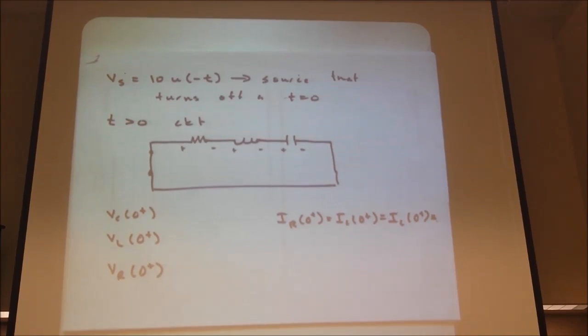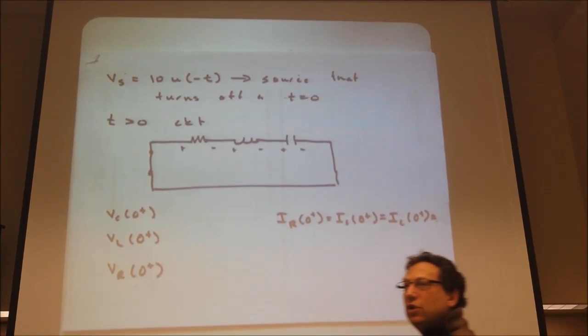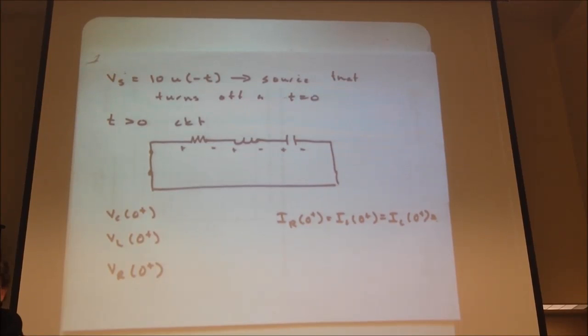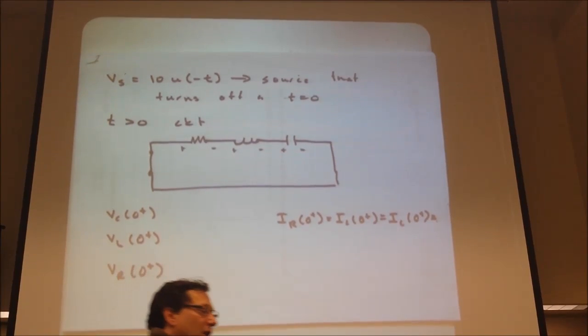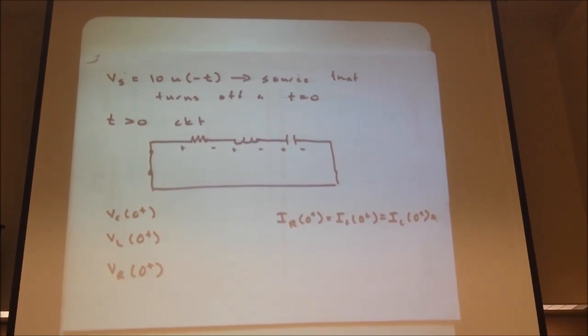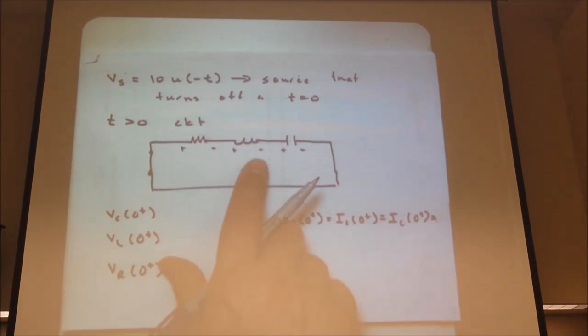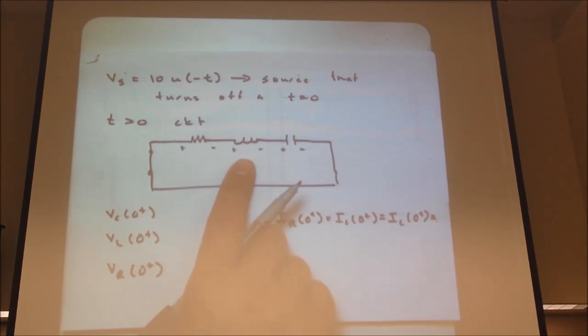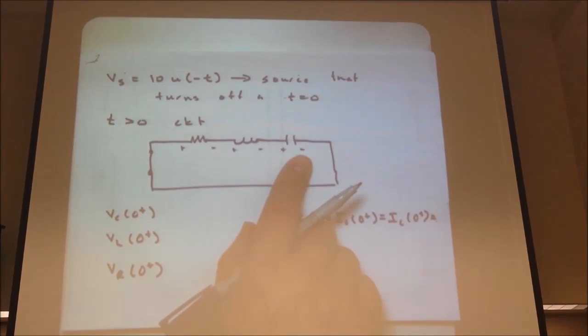I'm going to leave myself much room there, but do I need much room? If the source turns off at t equals 0, and it's been on for a long time, t less than 0, what's the current at t equals 0 plus? 0. Why? It's at DC steady state at t equals 0 minus. At t equals 0 minus, the capacitor is open, the inductor is shorted, but the capacitor is open, no current.